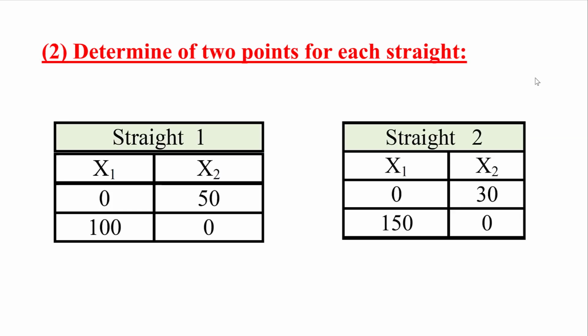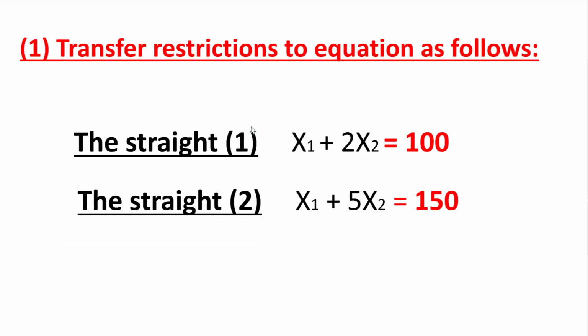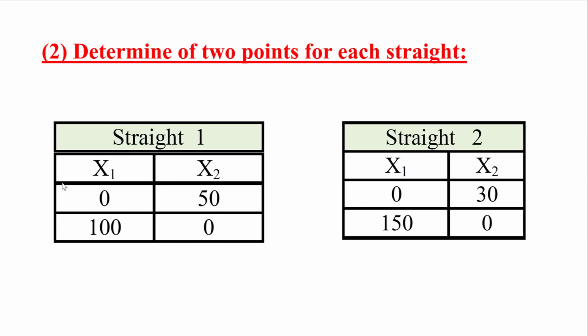Step 2: determine 2 points for each constraint or straight line. So we have here straight 1 and straight 2. For straight 1, we create this table or solve in any way.